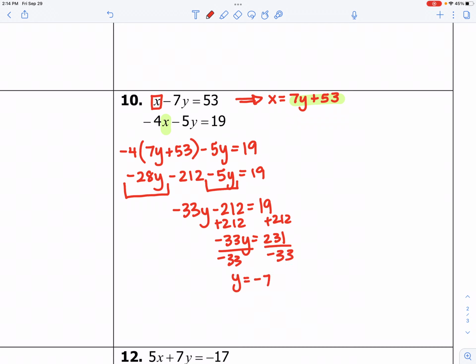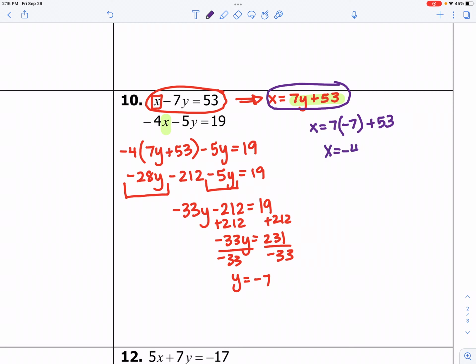So now we have the y value. We have the y value first. So we're going to plug that y in, and I want to solve for x. So instead of plugging into this original one, I'm going to use the one that already has x equals, because this is what I'm trying to solve for. I'm trying to solve for x. So x equals 7 times, well, my y is negative 7, plus 53.